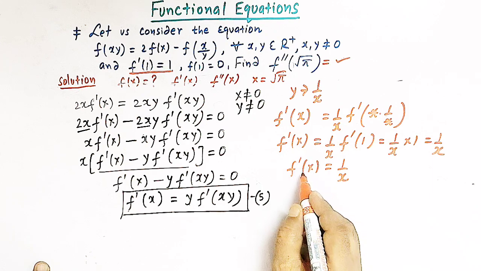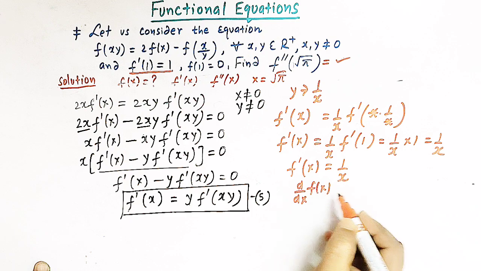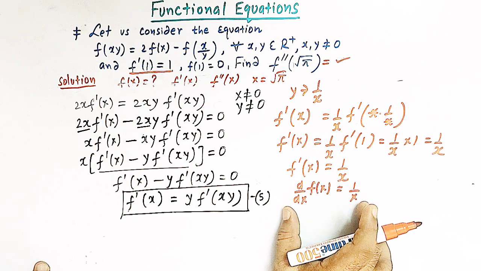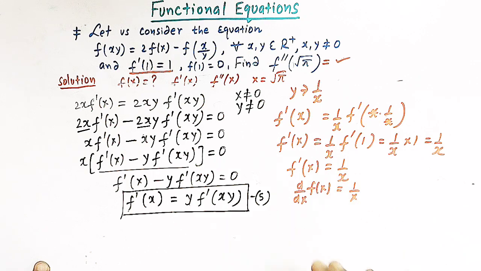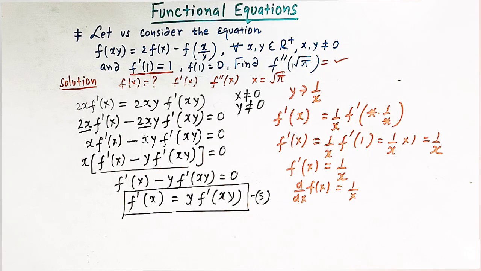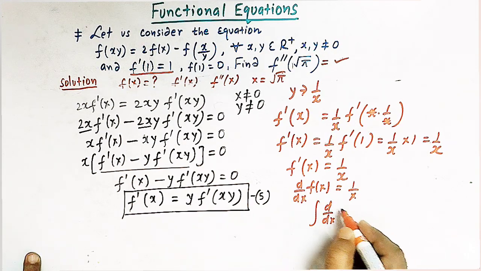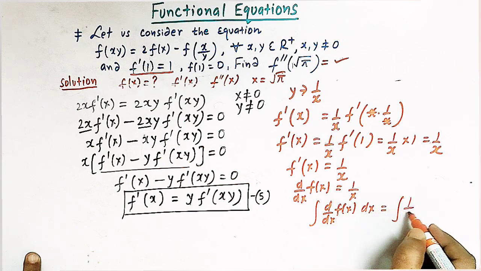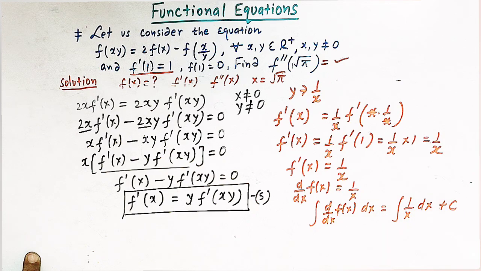So we have now f prime of x is equal to 1 over x. So f prime of x can be written as d by dx of f of x, and this is equal to 1 over x. So this is a differential equation, and we have to solve it by integrating both sides. So let us integrate both sides with respect to x. So here we have the integral of d by dx of f of x dx, and here we have the integral of 1 over x dx, and c is the constant of integration.